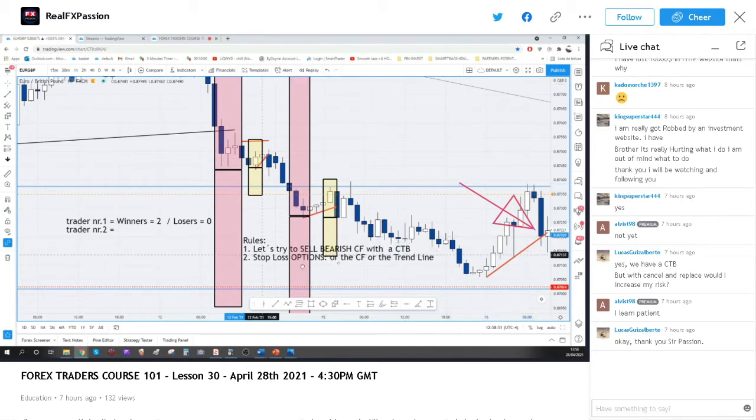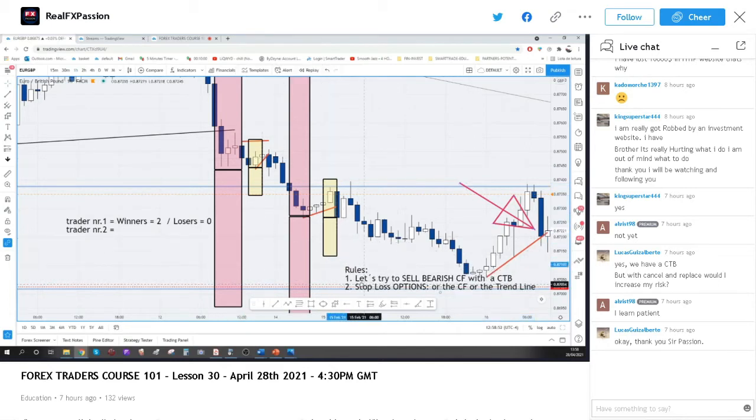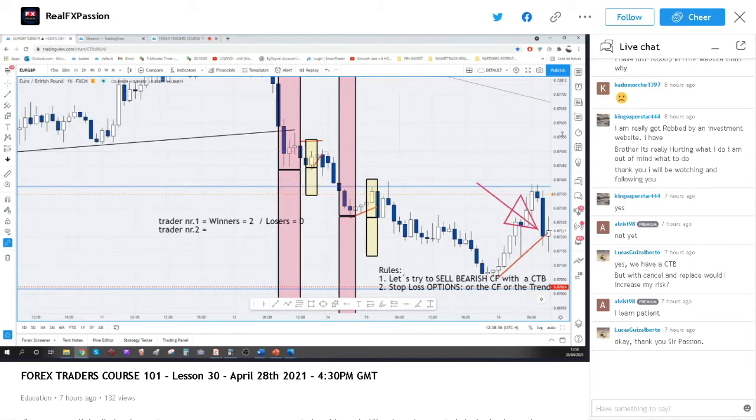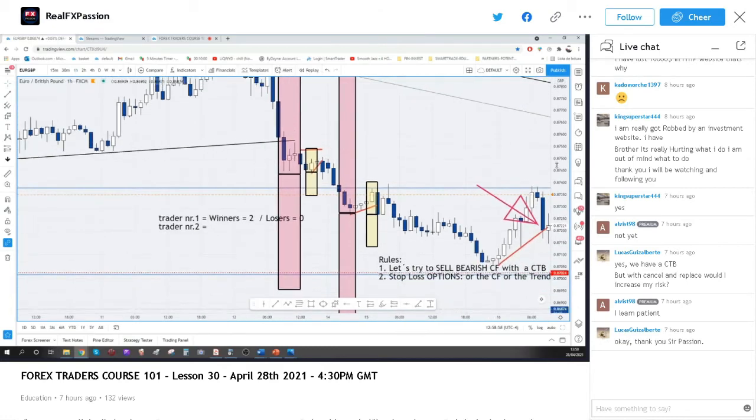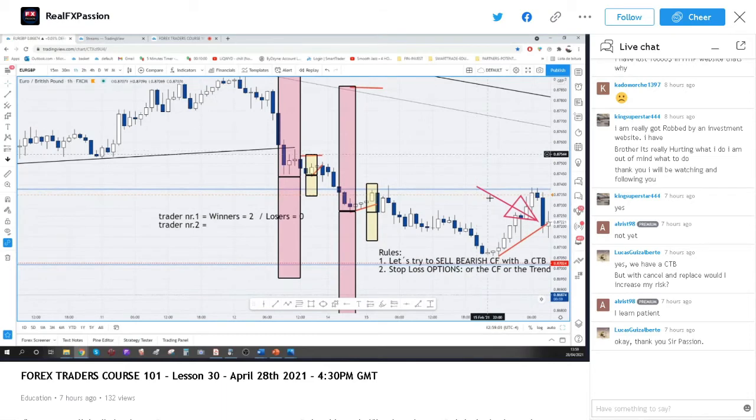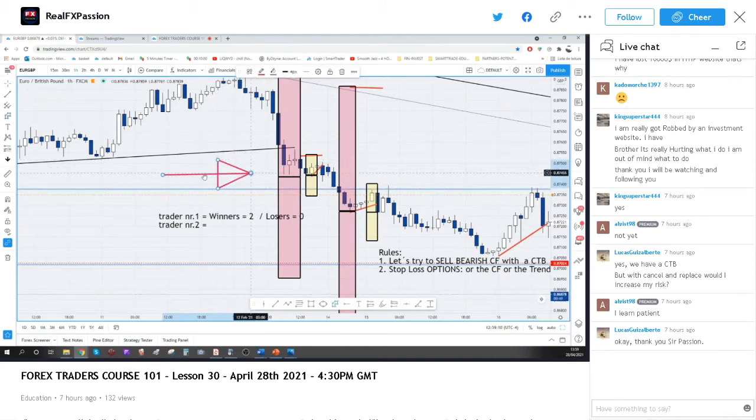Questions to answer. For the trader number 2, which is the violet pink quadrants, let me make a new arrow. He opted to put the stop loss above the downtrend line.